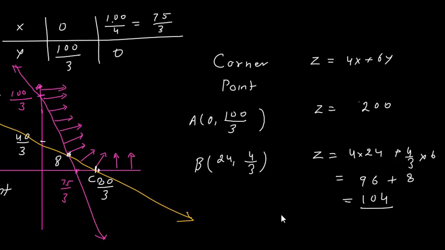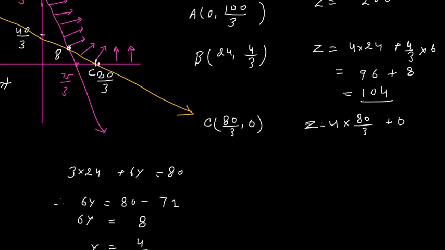And at point C we have 80 by 3, 0. This will give me the value of z as 4 into 80 upon 3 plus 0. So this will be 320 upon 3, that is 106.666.